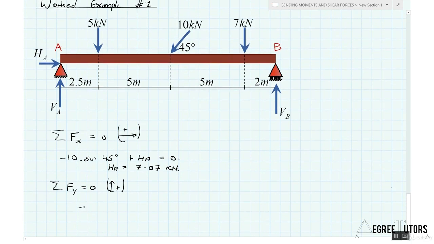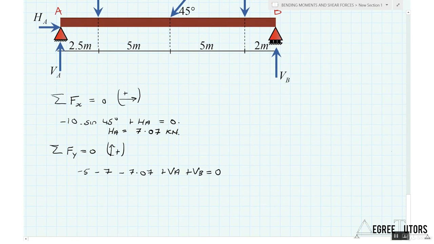We've got a negative 5, a negative 7, and the vertical component of the 10 kilonewton force, which works out to be 7.07, because the cosine of 45 degrees is the same as the sine of 45 degrees. So minus 7.07 plus VA plus VB equals 0.